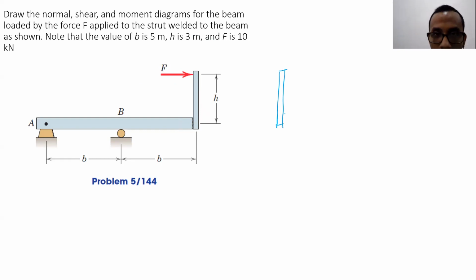If we draw it like this, the F will be here, and here there will be normal force, then this one shear force going down, this one going up, and then moment, normal force, shear force.